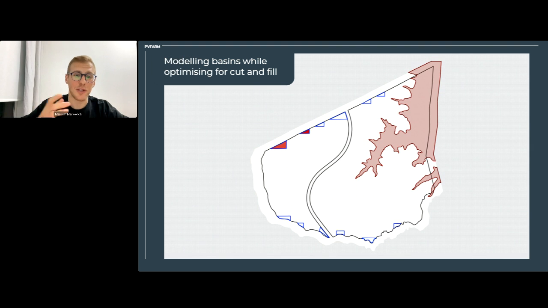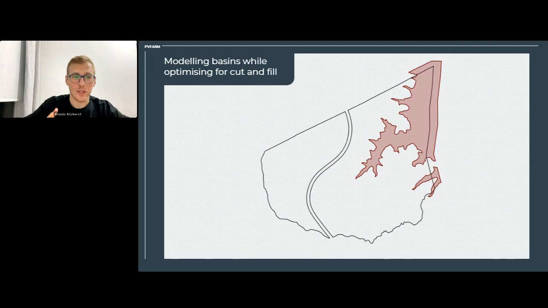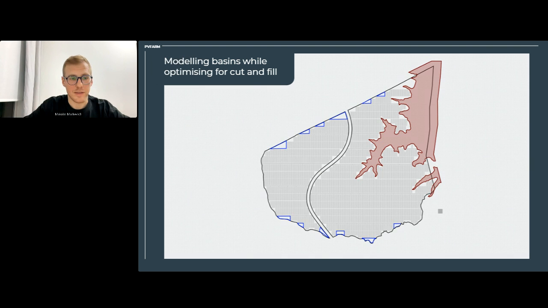You then use this dirt to grade your array areas. So it is possible to excavate dirt and use it to grade your arrays. It's quite a fancy workflow, but civil engineers always ask about this one.